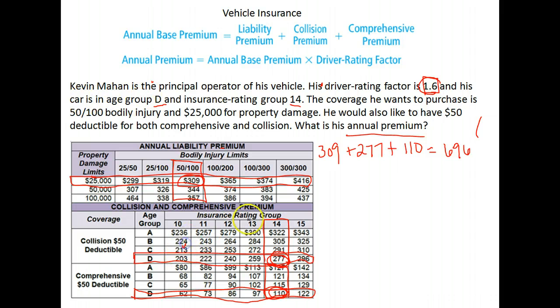We take that base, his starting point based on all of the charts, and we multiply it by his driver rating factor, this formula right here. So we're going to multiply that by 1.6, and that will tell us his actual premium, what he's actually going to pay each year for insurance, and it's $1,113.60.